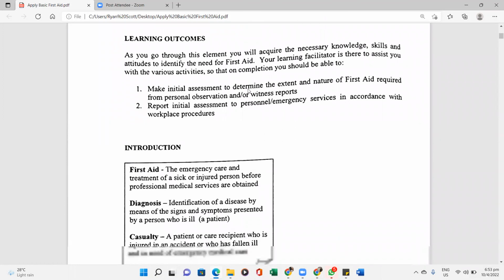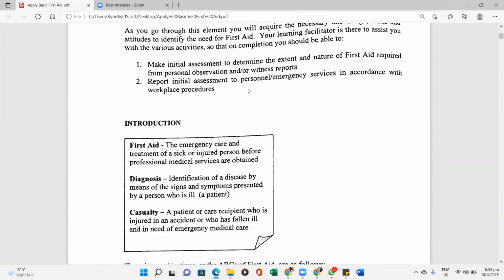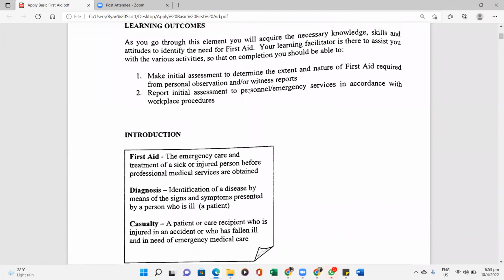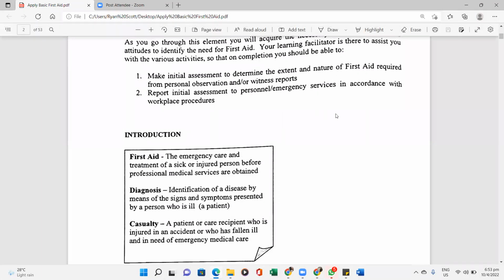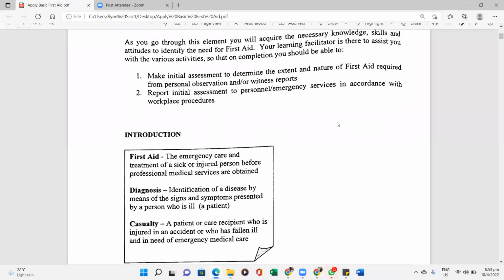All right. So some definitions there. First aid: the emergency care and treatment of a sick or injured person before professional medical services are obtained. Diagnosis is the identification of a disease, and you identify the disease based on the symptoms and signs of the person who is ill.